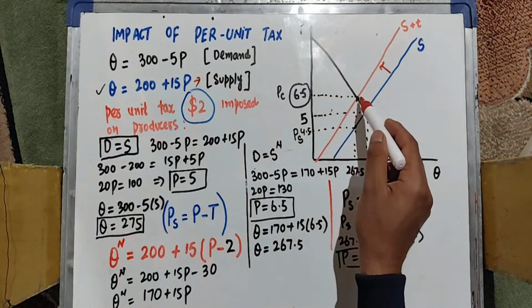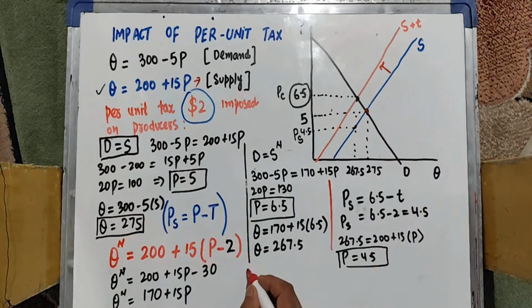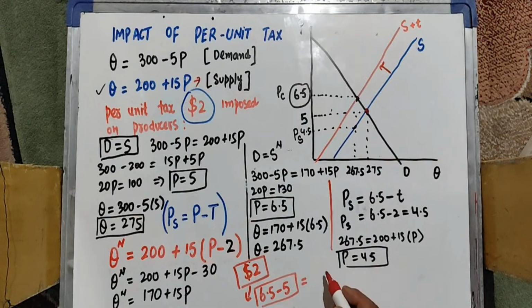And here you can see this amount shows us the total tax revenue that the government will receive, and the impact of the tax will be that out of this $2 per unit tax, consumers will pay 6.5 minus the initial price, which is 5, so it is equal to $1.5, which will be borne by the consumers.